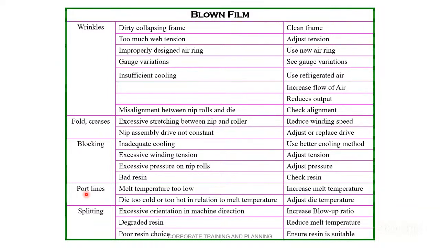Die too cold or too hot in relation to the melt temperature: see now, the die is heated higher than the melt. Therefore, here the melt temperature is too low and the die line is observed. Adjust the die temperature.